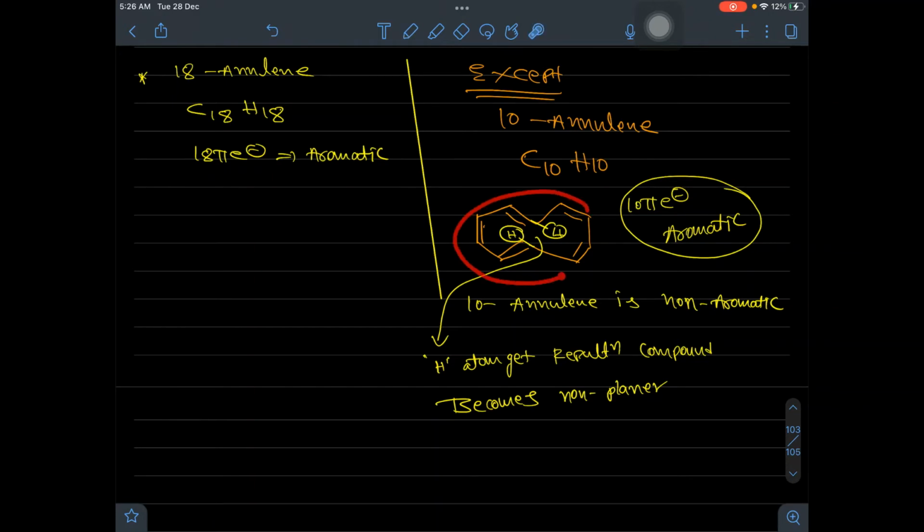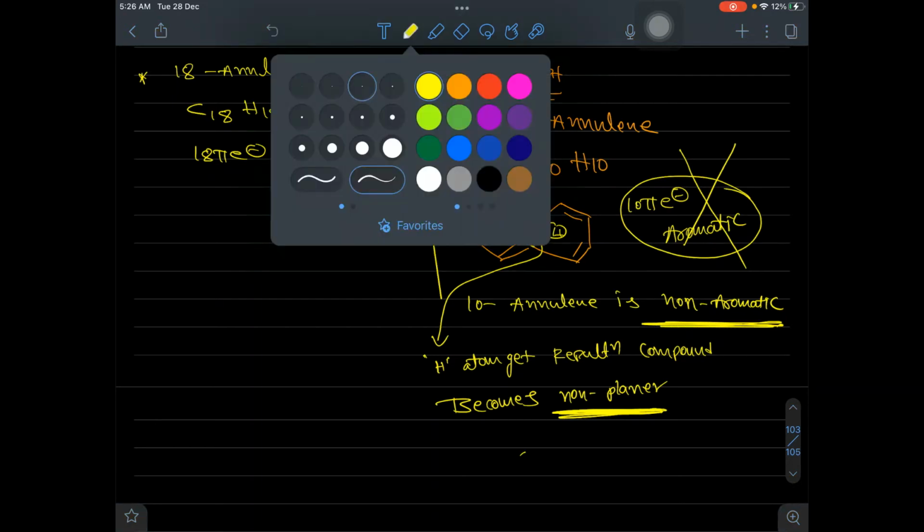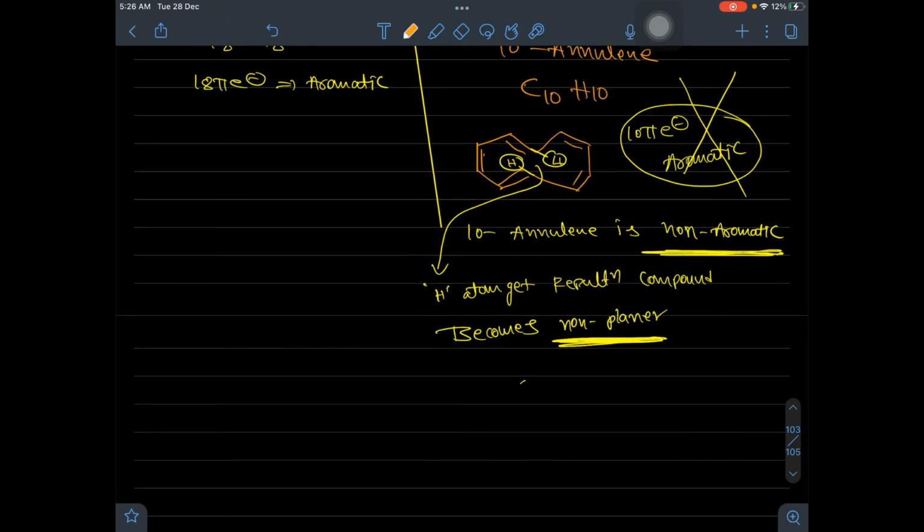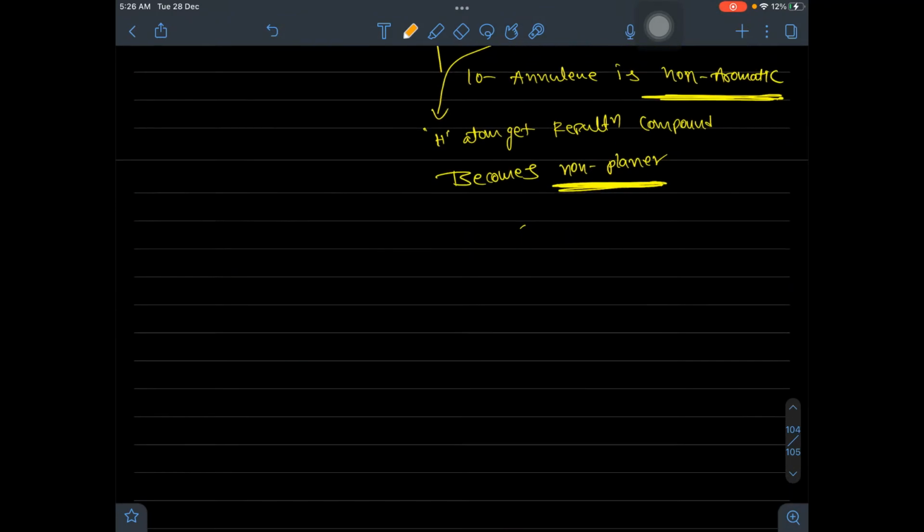So it is cyclic, carbon atoms are sp2 hybridized, it obeys Hückel's rule also, but the species becomes non-planar. Since the species is non-planar, it cannot act as aromatic and it becomes non-aromatic. This is one of the important exceptions for annulene compounds. [10]Annulene is expected to be aromatic, but it turns non-aromatic due to losing its planarity because of repulsion between hydrogen atoms.